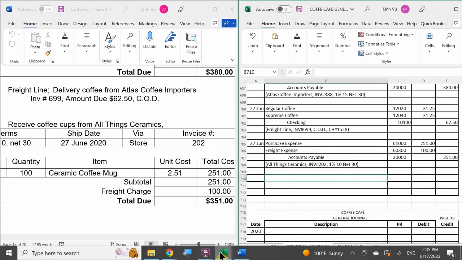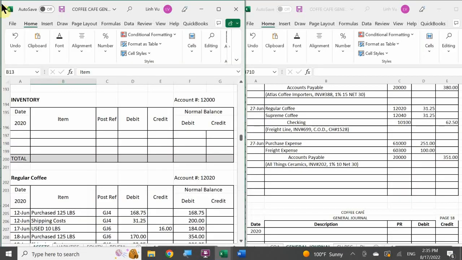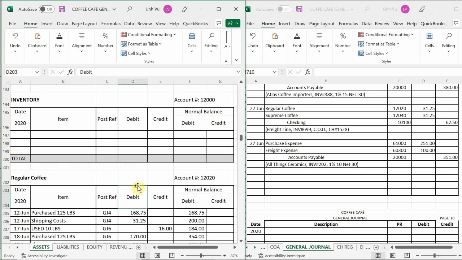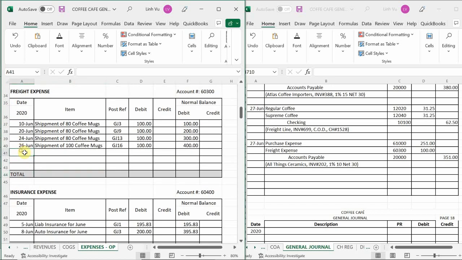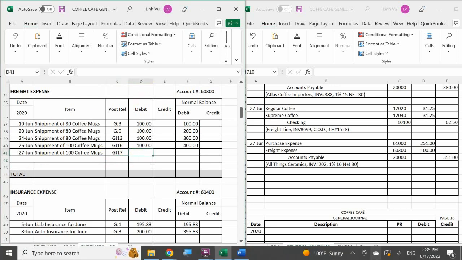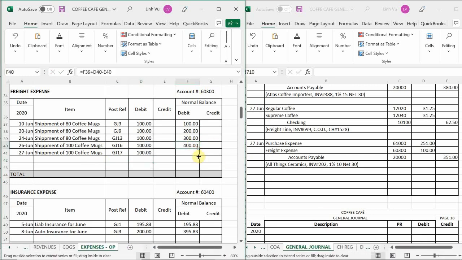So now we need to go through all of our purchases, or my operating expenses in this case. So starting with purchase expense, right here, I'm already on freight expense, so I'm just going to drop it in here. So now I have a total of $500 worth of freight expense.